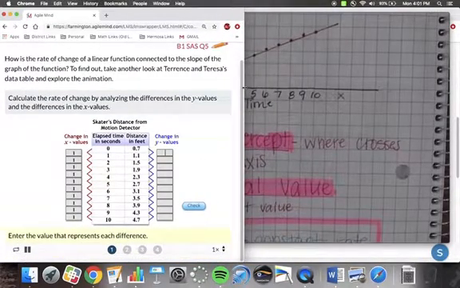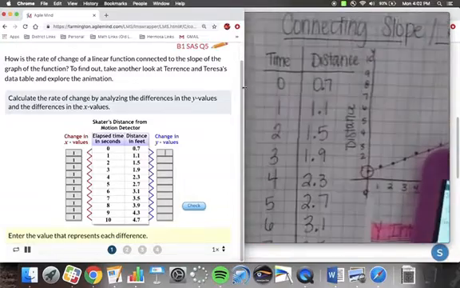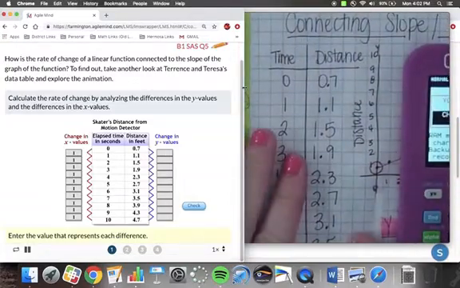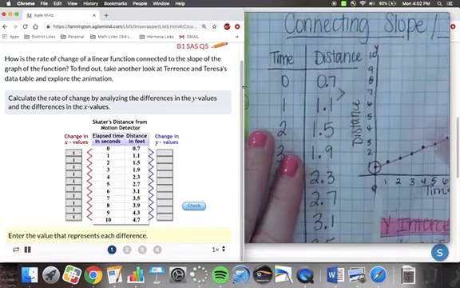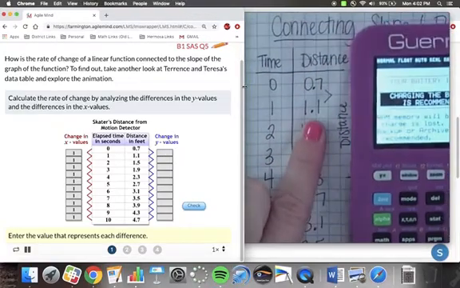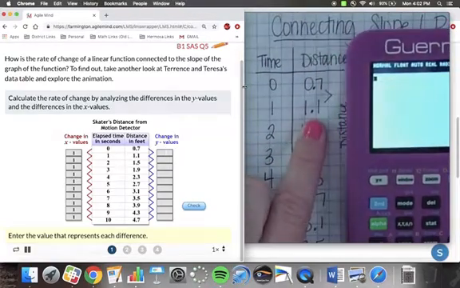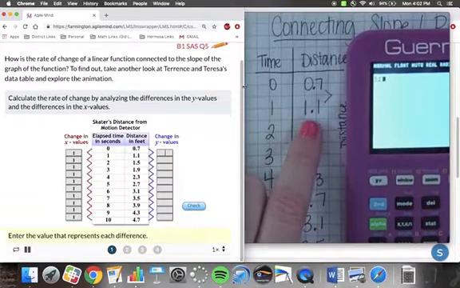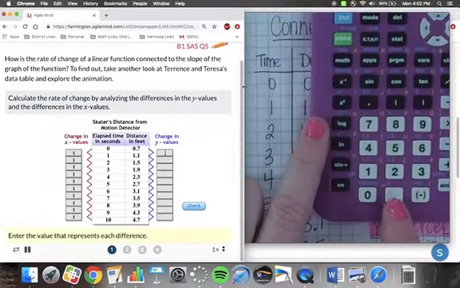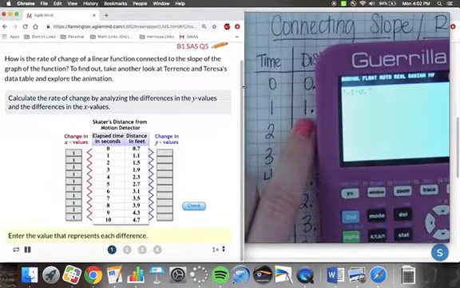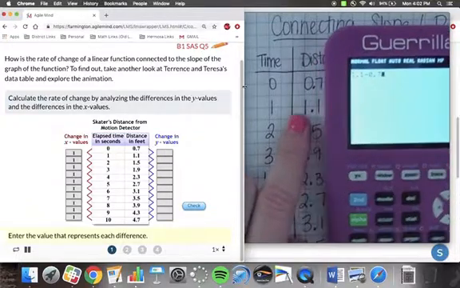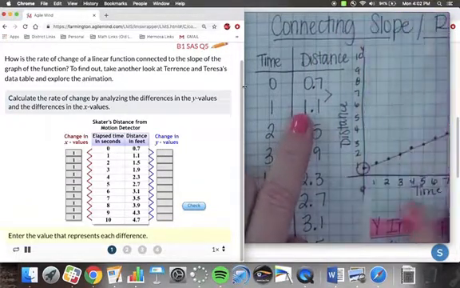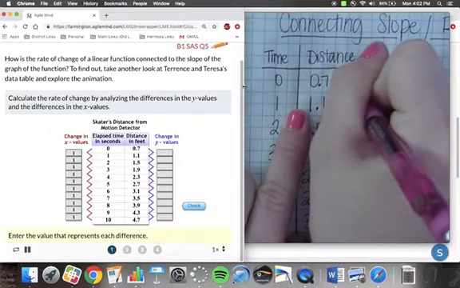So if you use a calculator, and we were trying to find how much this changed by, from 0.7 to 1.1, and my calculator's about to die, but it'll still work. I'm going to take 1.1 and subtract 0.7. Remember the decimal is right down here? So I did 1.1 minus 0.7, and it tells me 0.4.